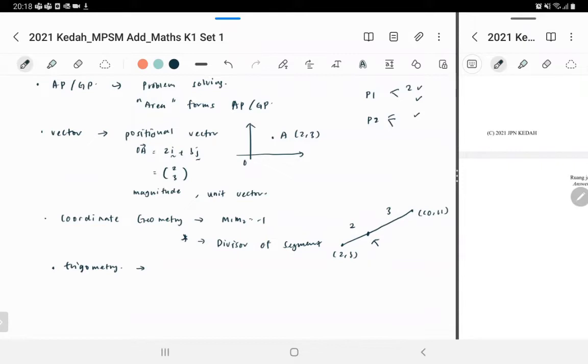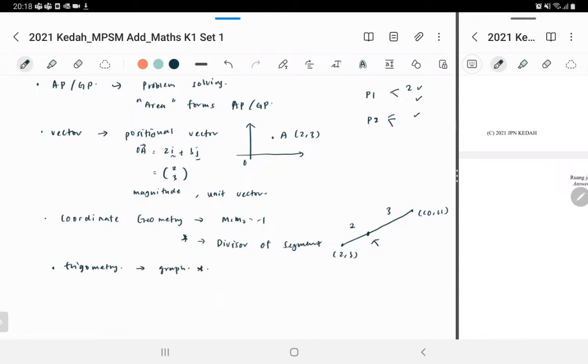So please pay attention to the trigonometric graph also. You need to know how to sketch a graph. Okay, this is very important, because in Paper 2 they will certainly have a trigonometric graph. But in Paper 1, they might draw you the graph and you might need to write out the formula, or they will ask you to sketch the simple graph of trigonometry, or from the graph you need to find some value.